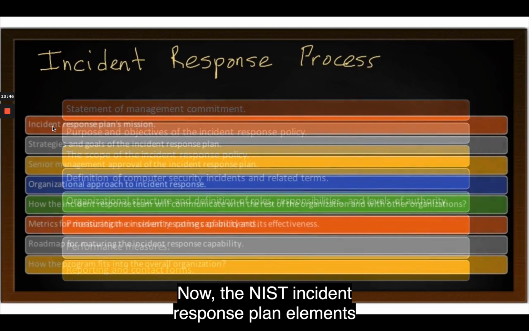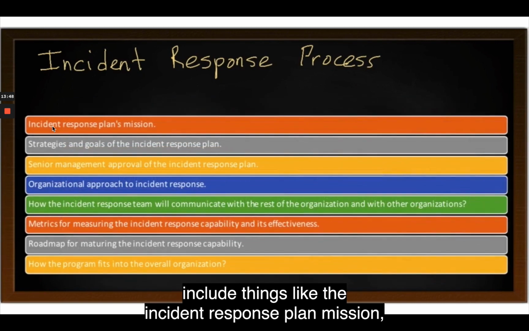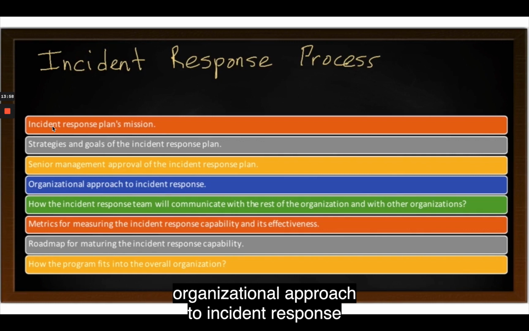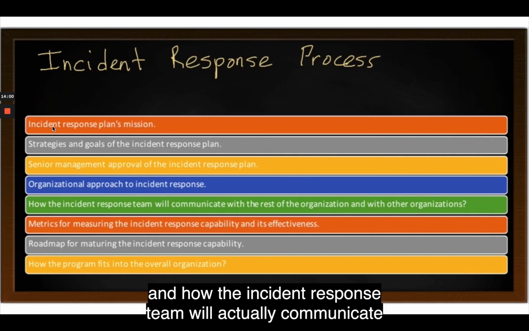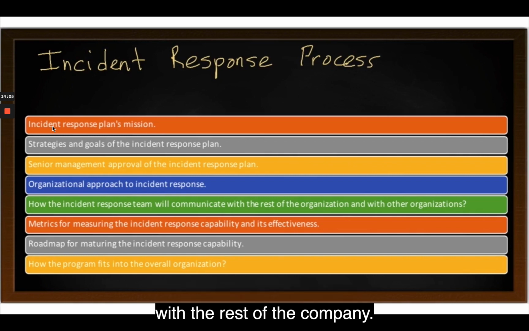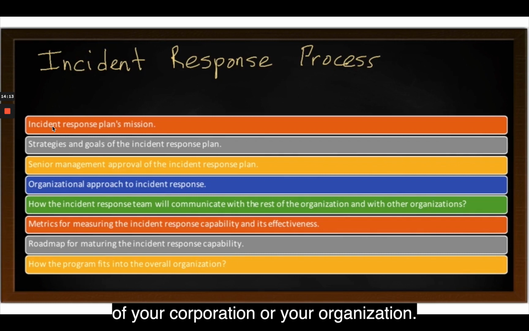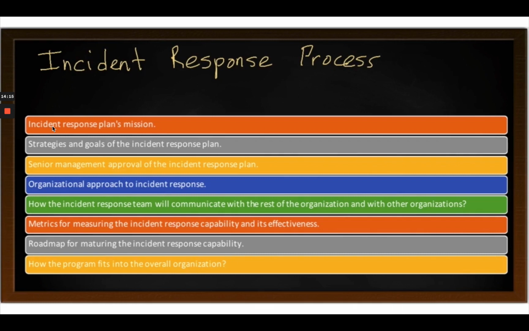Now, the NIST incident response plan elements include things like the incident response plan mission, strategies and goals of the incident response plan, senior management approval of the incident response plan, organizational approach to incident response, and how the incident response team will actually communicate with the rest of the organization, and even with other organizations outside of your corporation, right?